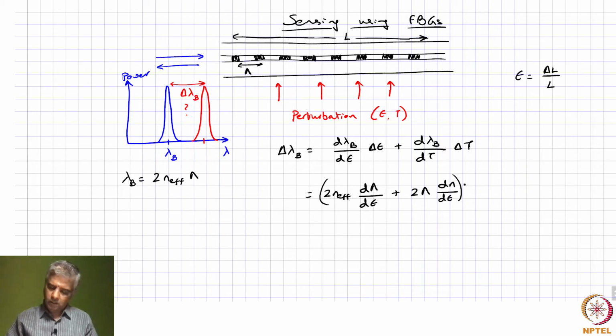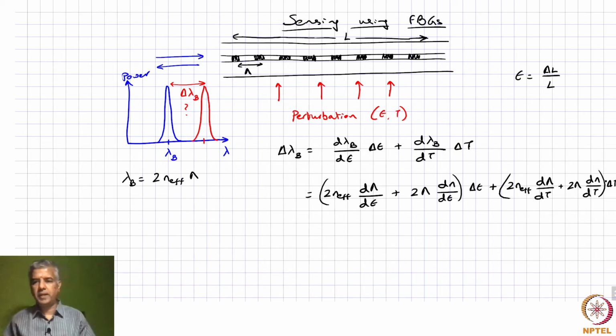So the whole thing multiplied by delta epsilon now, and then of course, the other part where you can say it is 2 times n effective, you have the thermal expansion coefficient, which results in a change in the period with respect to change in temperature, plus you have 2 times capital lambda dn over dT, which is the thermo-optic coefficient, and the whole thing is multiplied by delta T.